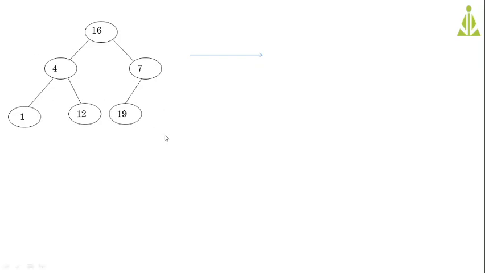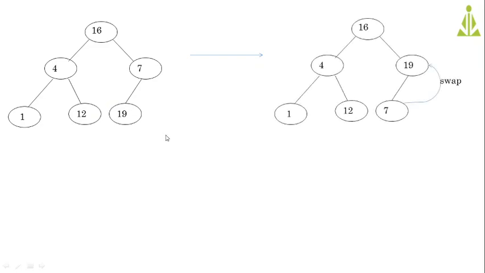Now in the first step we need to go with the max heap. If the leaf node is maximum and the root node is minimum, we need to swap here. So we swapped: 7 is here and 19 is here. We did the interchange between 7 and 19.